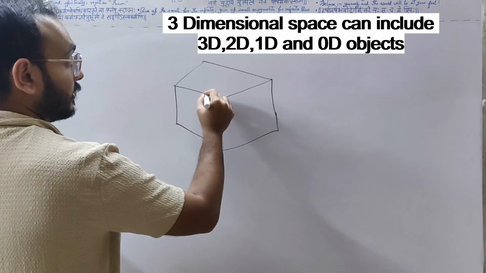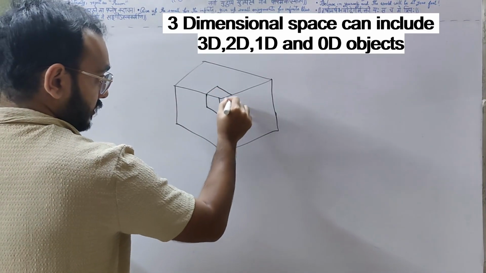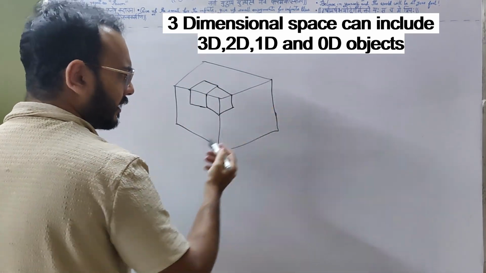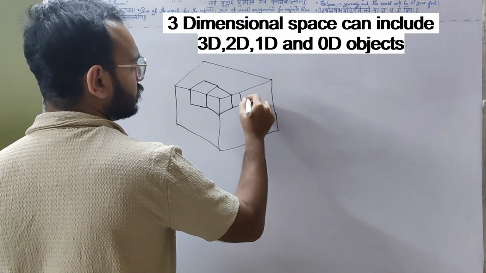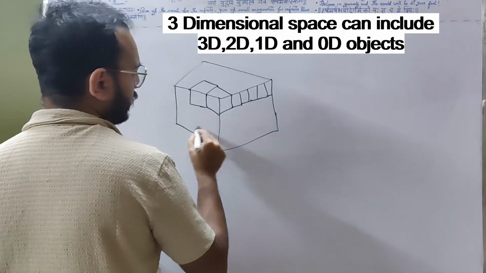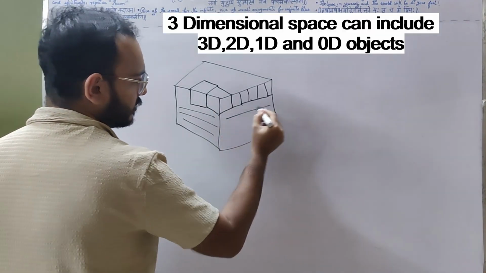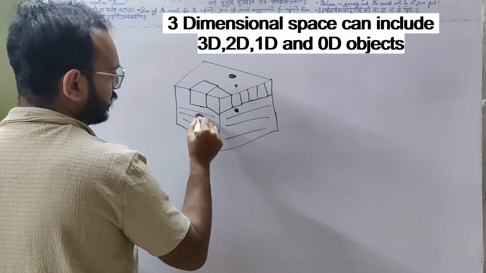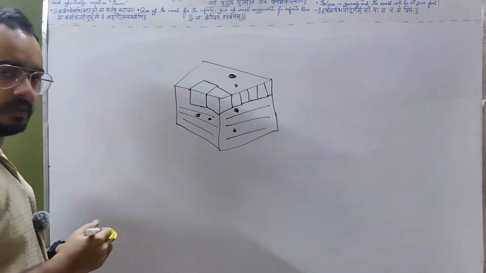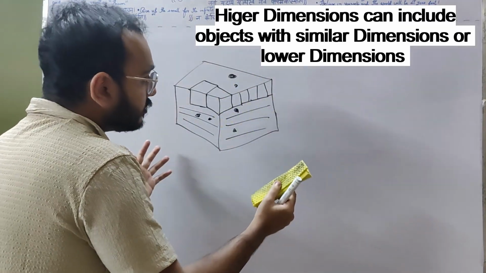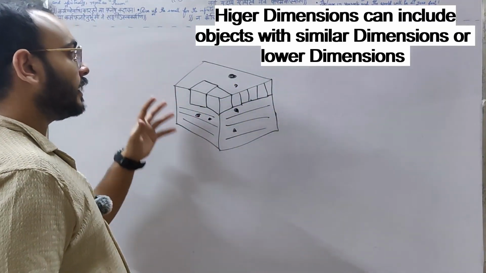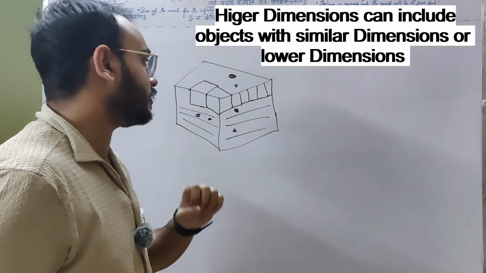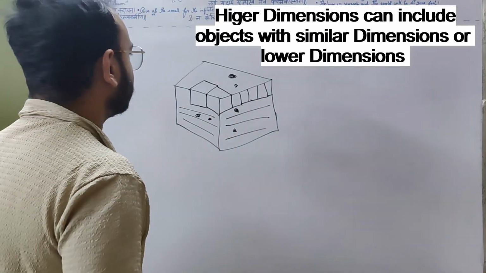Here I can have any number of 3D objects like this. And I can of course have any number of 2D objects and any number of 1D objects, any number of zero-dimensional objects, right? So what did we learn from here? That in higher dimensions, I can embed objects with similar dimensions or objects with lower dimensions, right?